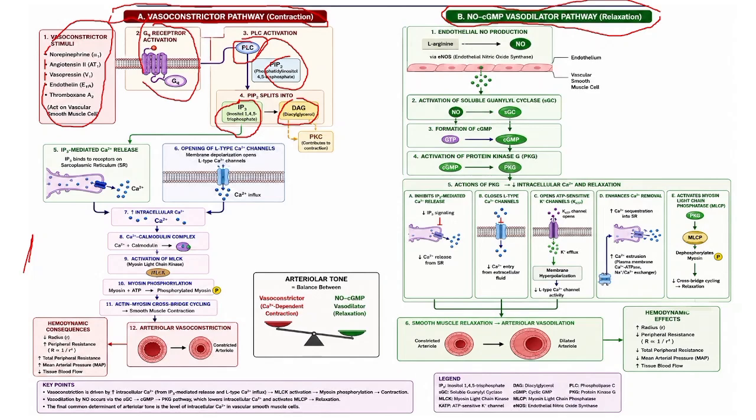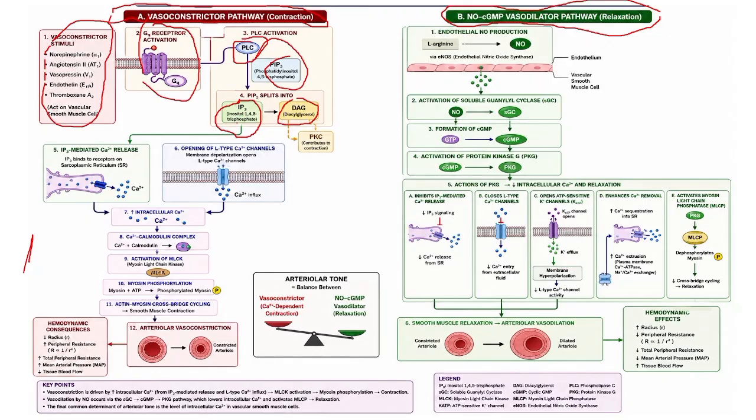So we begin with our stimulus. The stimulus binds to the receptor, and this leads to an activation of the phospholipase C. Phospholipase C will act on the phospholipid layer to produce two products, the IP3 and the DAG.